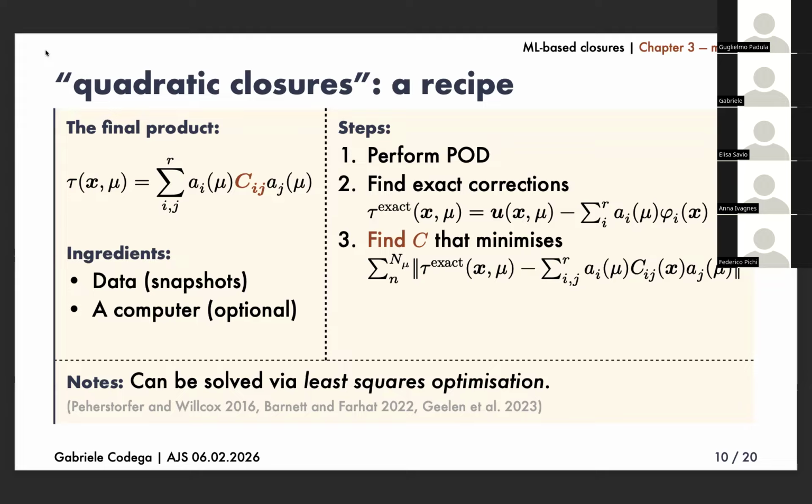This is something that has been studied. It turns out that, maybe it's very clear to you, to me it wasn't very clear at the beginning, but this is really a linear least squares problem for the coefficients C_ij, because it's quadratic in the coefficients a that you already have. So a is data and it's linear in these coefficients right here. So this linear least squares problem you can solve through traditional least squares solvers.